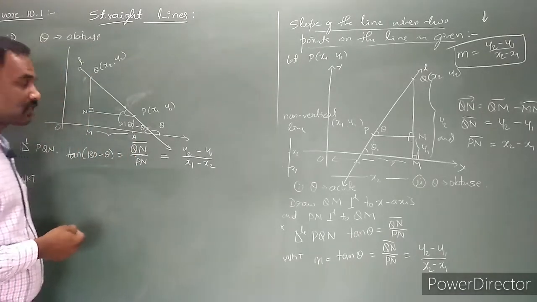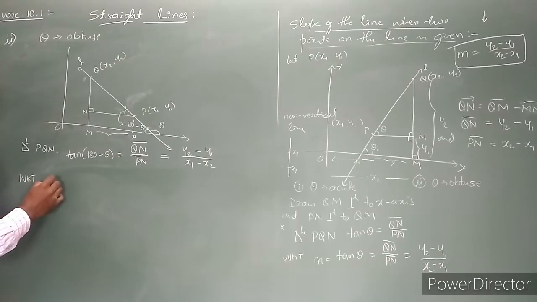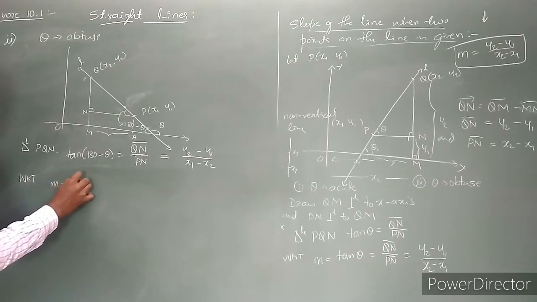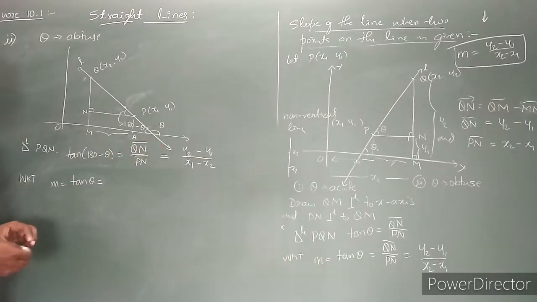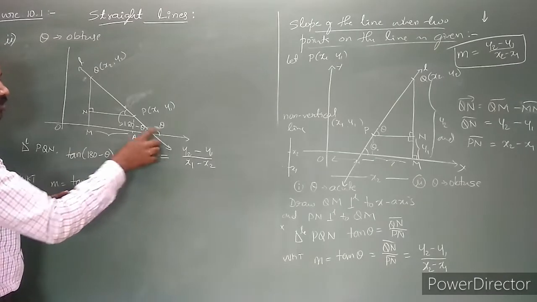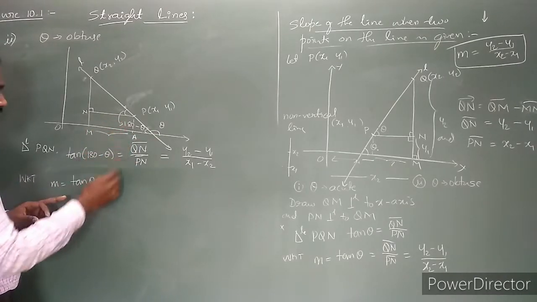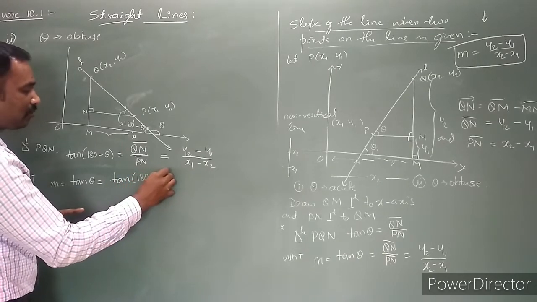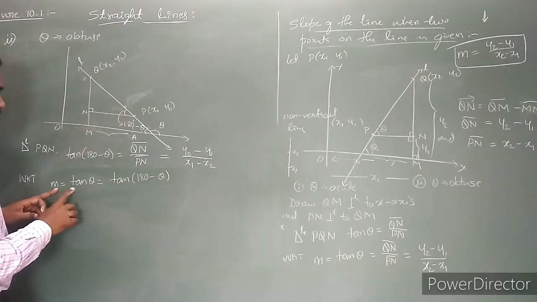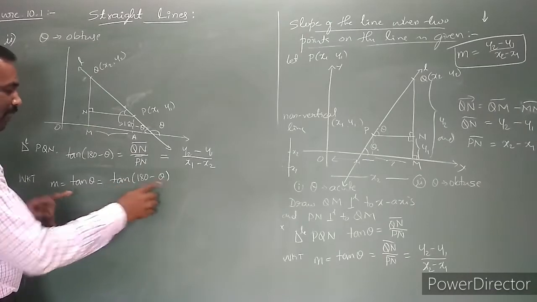X1 minus X2. Now, actually we know that the slope of the line m is equal to tan of theta. Theta is this one. But instead of this one, we know this one, so I just replace this one. M is equal to tan of 180 minus theta.